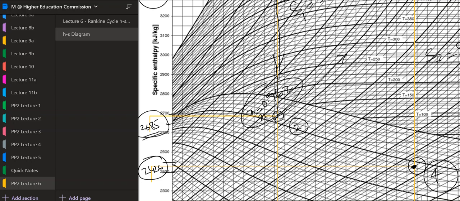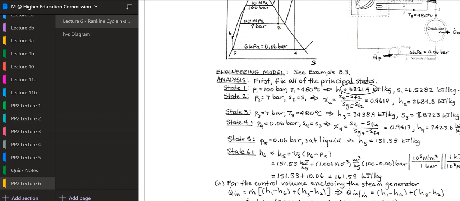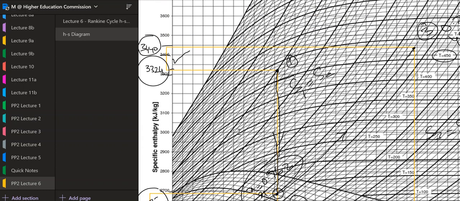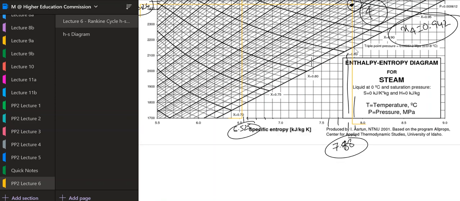The enthalpy we found at state 2 was 2685, and from the steam table we got 2684.8, so we were almost there. At state 3 the enthalpy from the table is 3438.9. Over here we said 3440, which is almost the same.